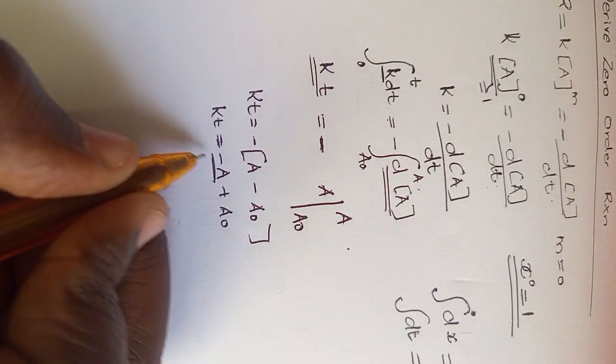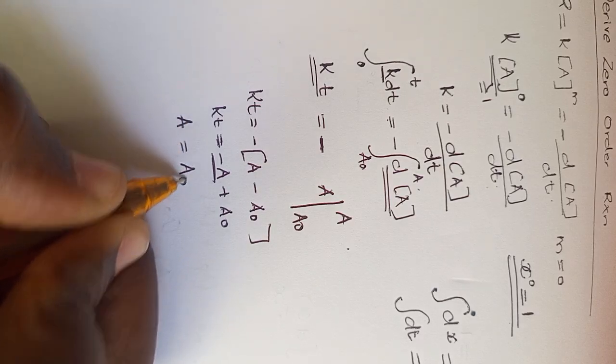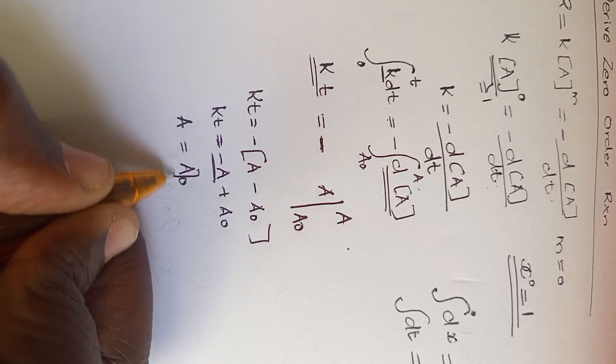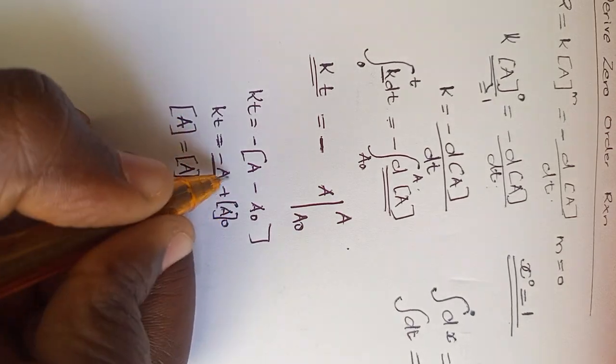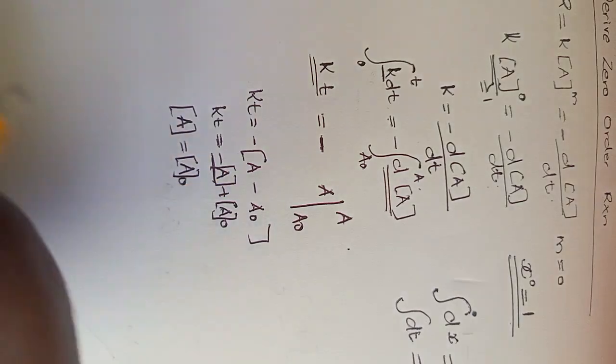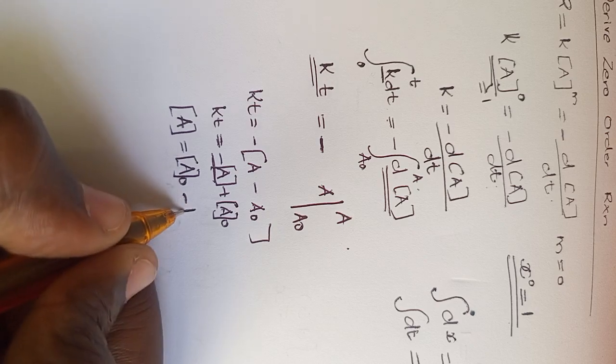Therefore, putting A on one side, A is equal to A naught. Do not forget to put the brackets which symbolize the concentration of the reactant.